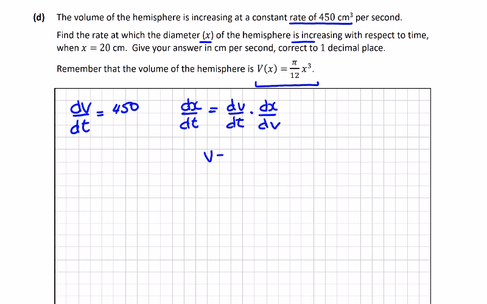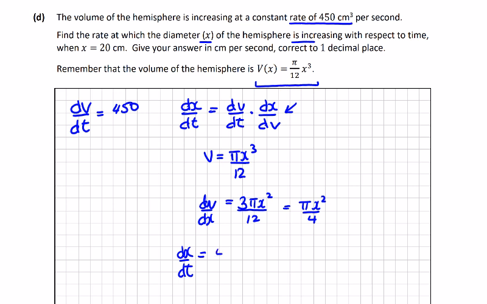Volume is equal to pi x cubed over 12, so dV/dx is equal to 3 times pi x squared over 12, which is equal to pi x squared over 4. That's dV/dx. We want dx/dV, so we sub it in here.